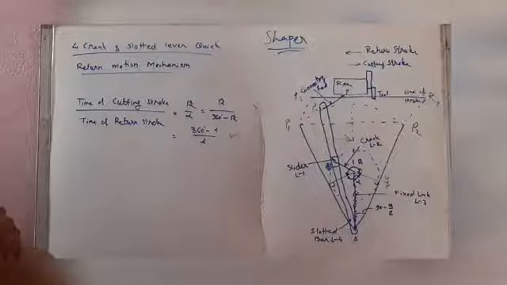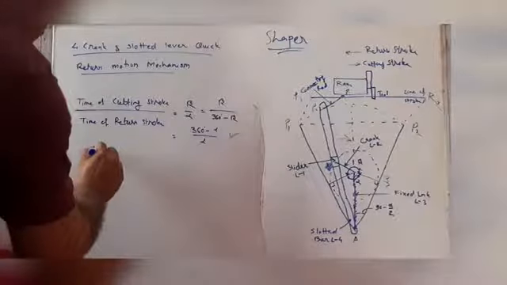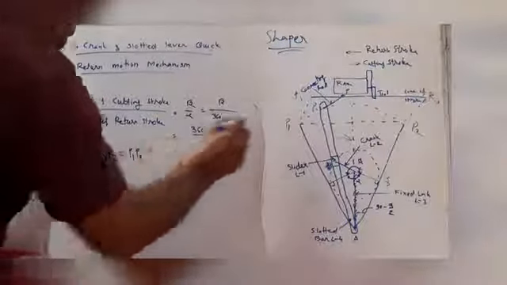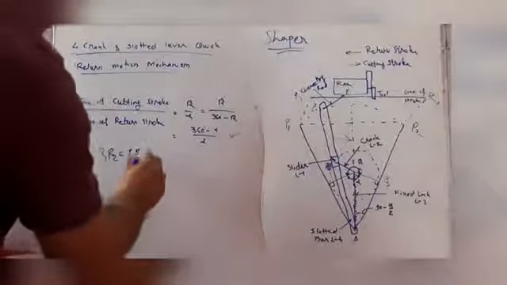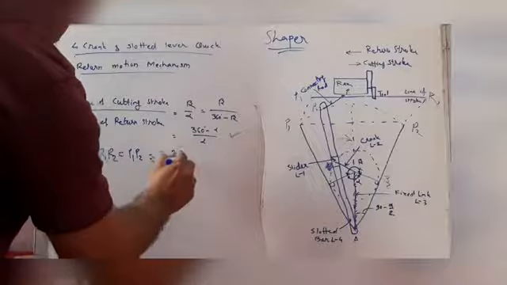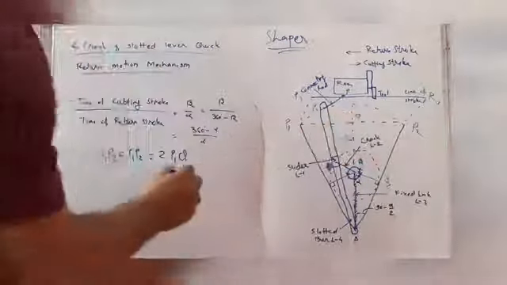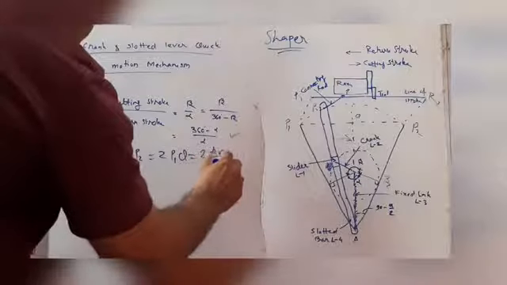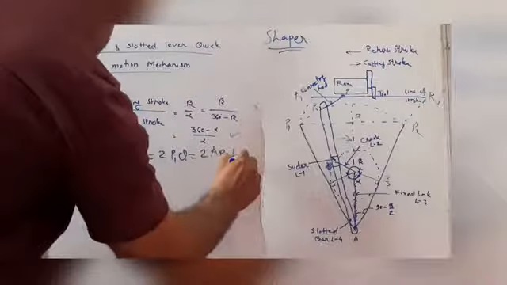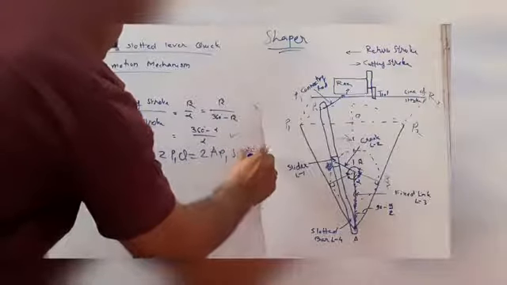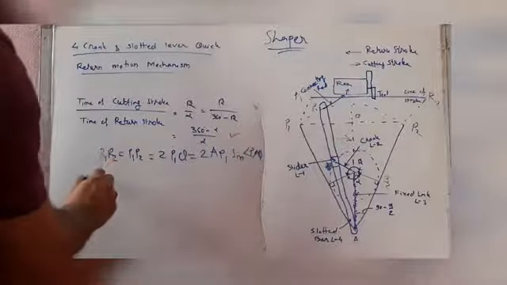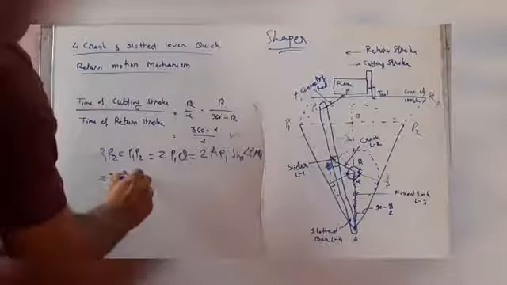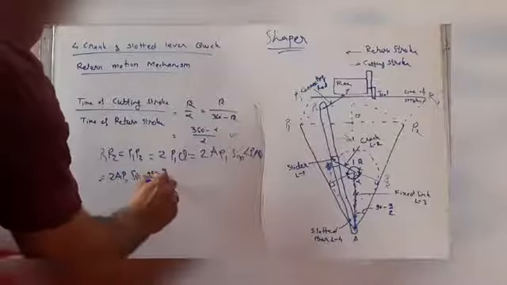Therefore the length of the stroke, R1 R2, equals P1 P2, which equals 2 P1 Q, which equals 2 A P1 sin(90 minus alpha by 2).